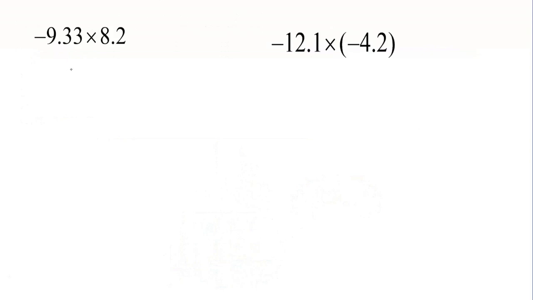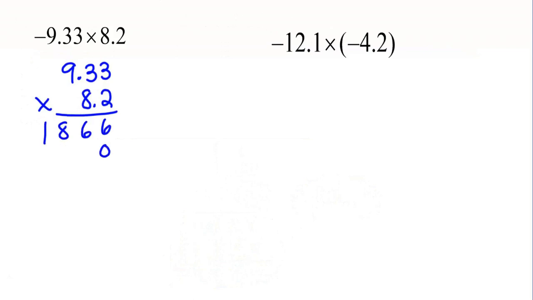Now I just need to multiply these numbers like I would multiply any decimal numbers to find my product. 2 times 3 is 6, 2 times 3 is 6, 2 times 9 is 18. Add a 0. 8 times 3 is 24, carry the 2. 8 times 3 is 24, plus 2 is 26, carry the 2. And 8 times 9 is 72, plus 2 is 74.